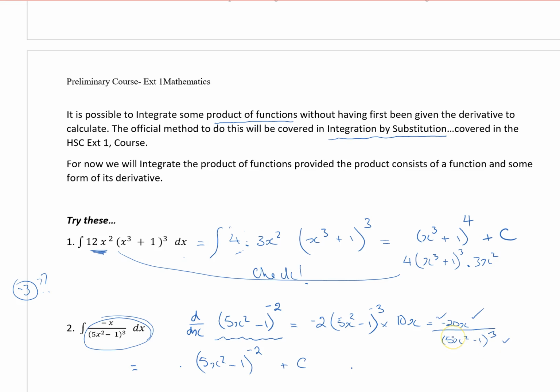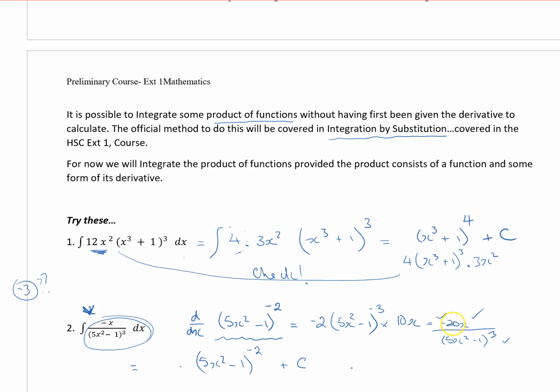So you can see that when we do differentiate this 5x squared minus 1 to the -2, we end up with a negative, which is good. We want that, and I've ticked that, and the x term, and the denominator is perfect. The only term we end up with when we differentiate this that I can't see appearing here is a 20.